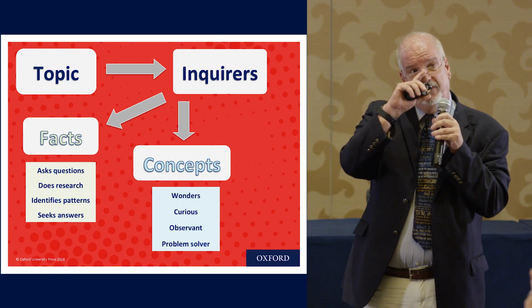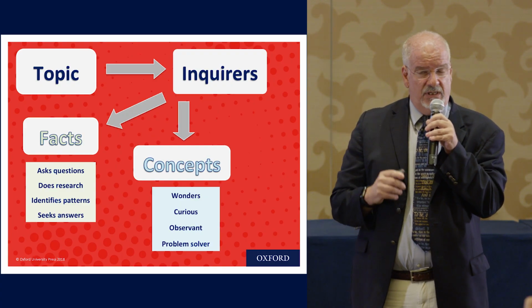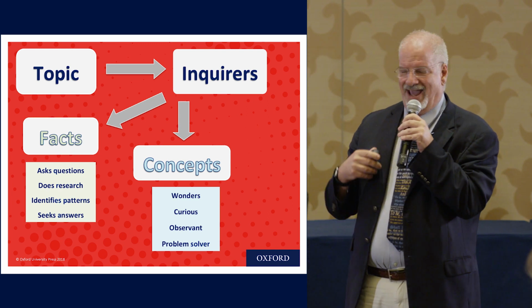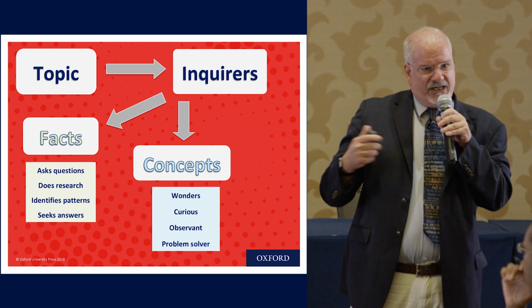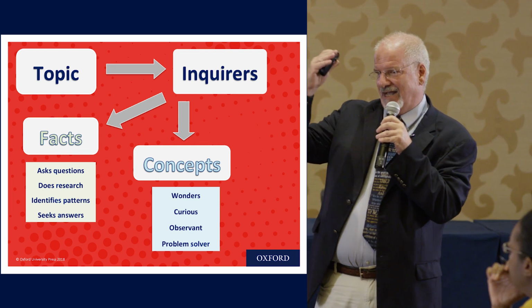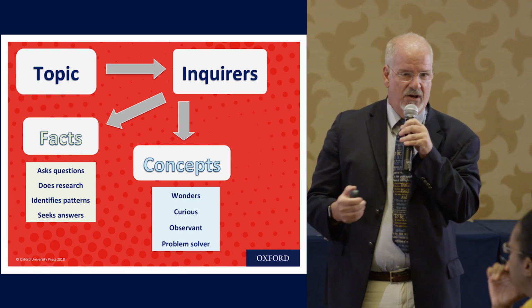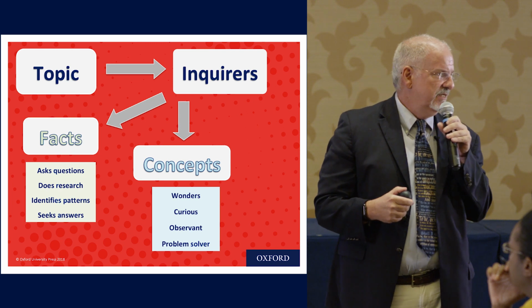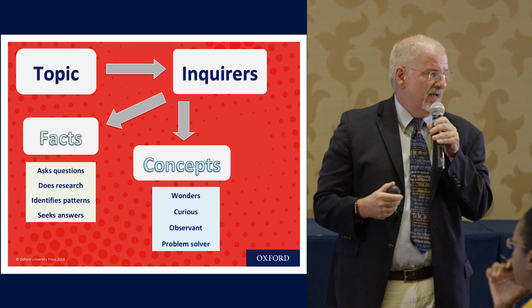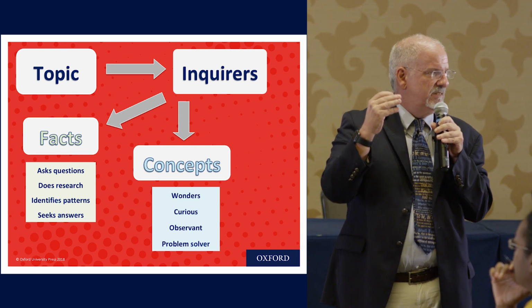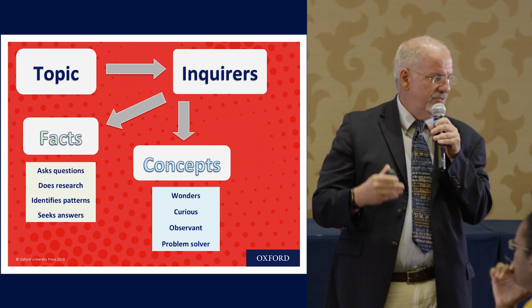And as you think in terms of the MYP Unit Planner, every unit has facts. If you're studying fractions, there are facts about fractions you need to know. If you're studying a historical event, there are facts you need to know. Analyzing literature, there are facts about the piece of literature you need to know.